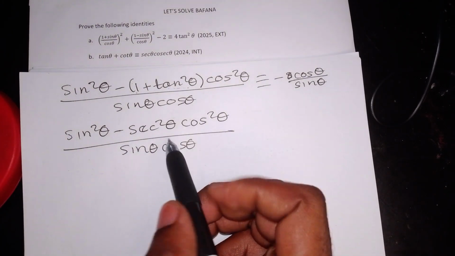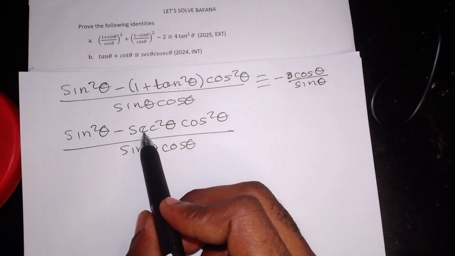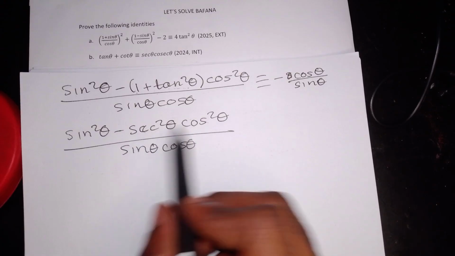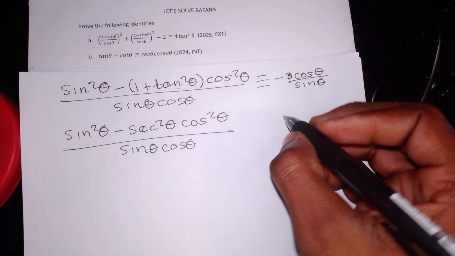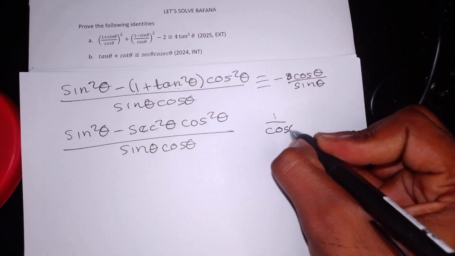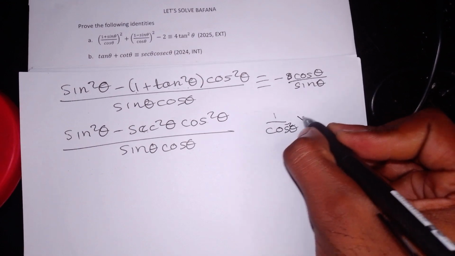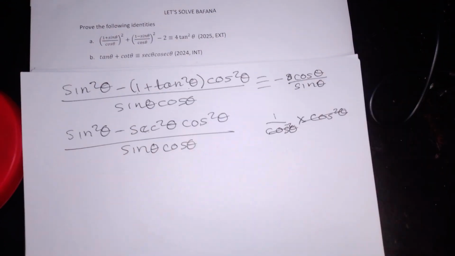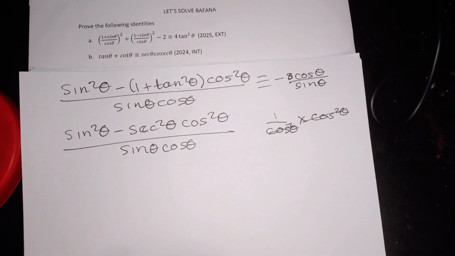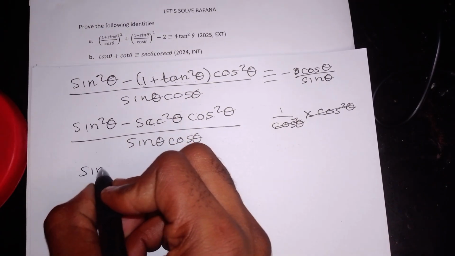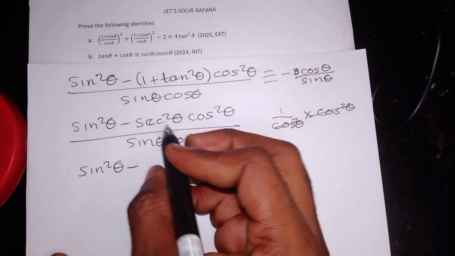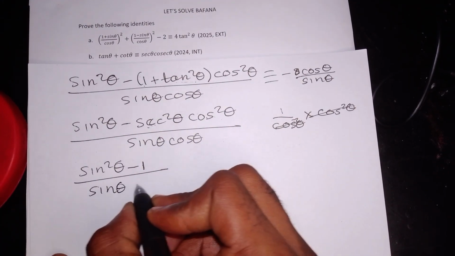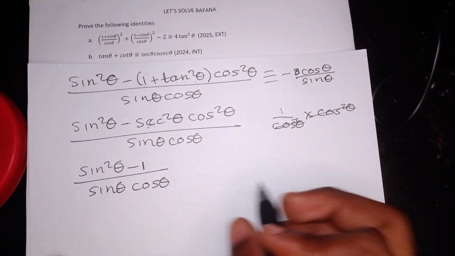Since sec is the reciprocal of cos, you expect the product to be a 1. Remember, sec is 1 over cos theta, and then it's being multiplied by cos squared theta. So these two will divide, or you can just cancel them out, so that you have cos squared theta minus, this will simply be a 1 over sine theta cos theta.